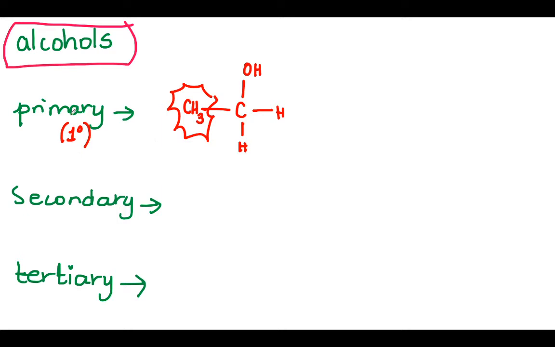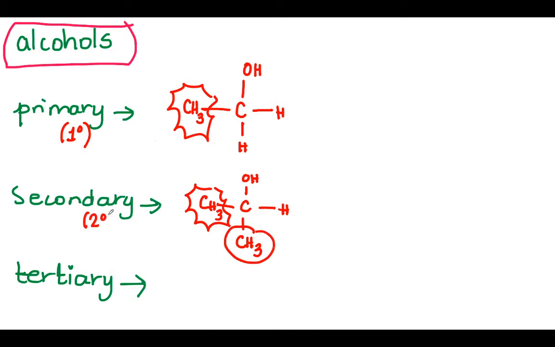You'll notice that this is written in the textbook as well as a 1 to the degree sign. That means primary alcohol. Similarly, a secondary alcohol will have the same idea. So the carbon that's attached to the hydroxyl group, because it's a secondary alcohol, will be attached to 2 different carbons, right? So it'll be 2 carbons here, instead of the 1 like we saw in the primary. So we've got 2 carbons here, and that's what makes this a secondary alcohol.